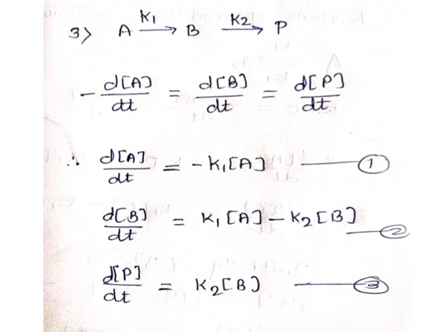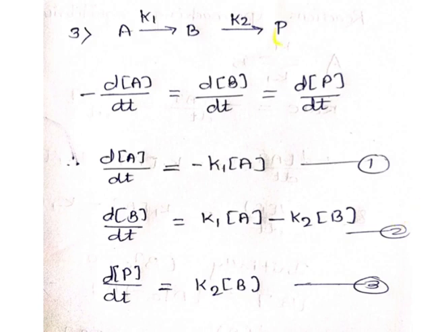Its amount or its concentration is going to decrease, that's why the minus symbol is written. By which rate is it going to decrease? Rate is K2. And which species? It is B. So minus K2 into concentration of B. So overall rate is dB by dt is equal to K1 into concentration of A minus K2 into concentration of B. So this is equation number 2.